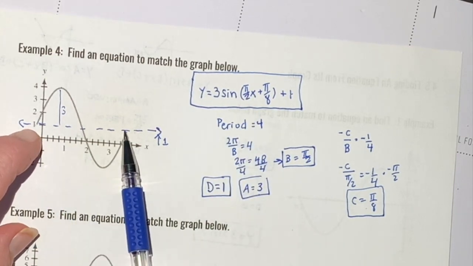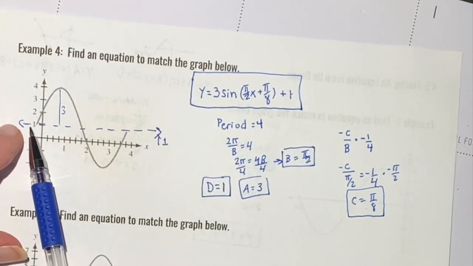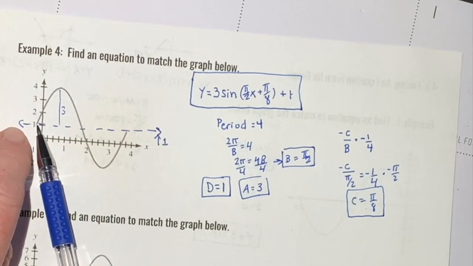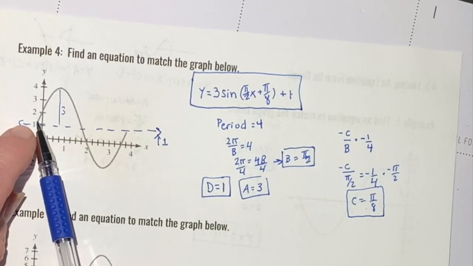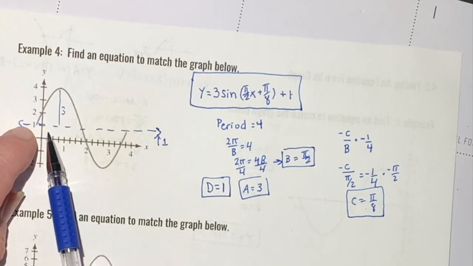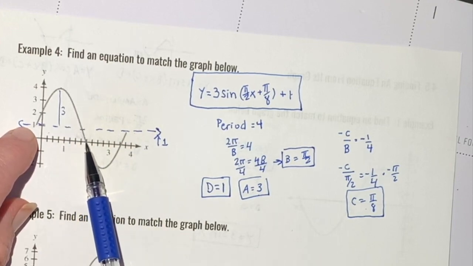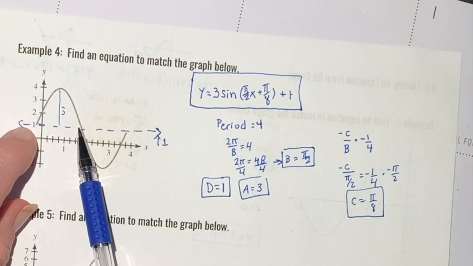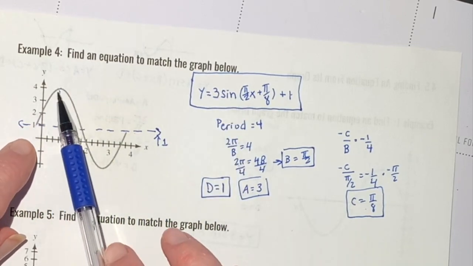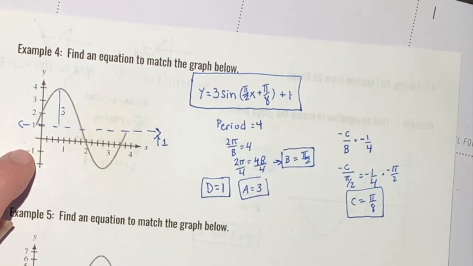With the upshift of 1, it's going to oscillate above and below the line y equals 1. And the amplitude should go 3 above the new x-axis, back to the imaginary x-axis, down to the minimum and back up, with the amplitude being 3. So this model matches the graph, and we're good.